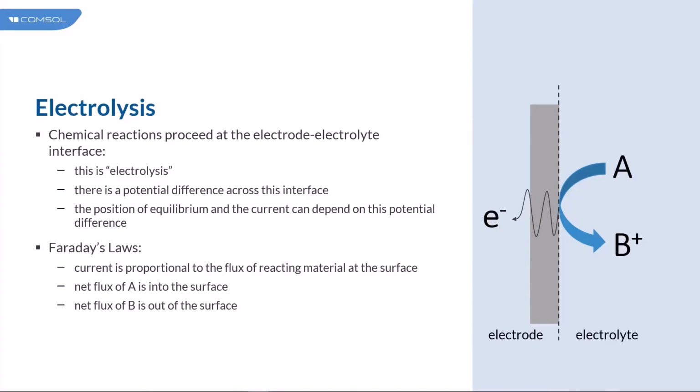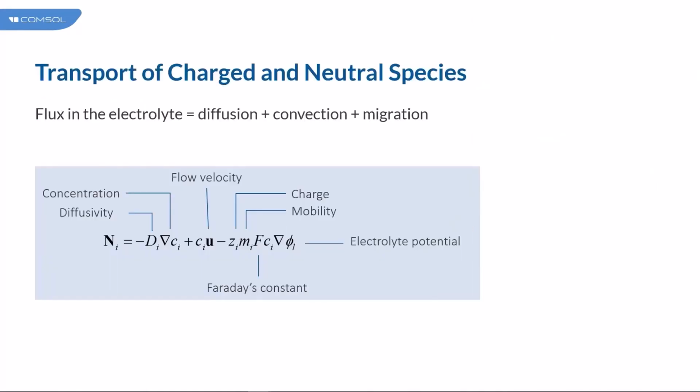Faraday's law states that the current is proportional to the flux of reacting material at the surface. The net flux of material A is into the surface, and the net flux of ion B is out of the surface. If we break this down into an equation for the flux of ions, we get this diffusion convection migration equation for the flux.